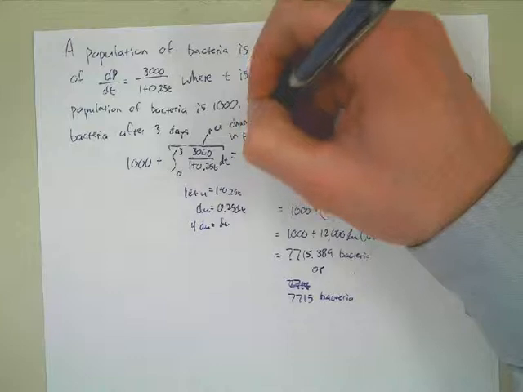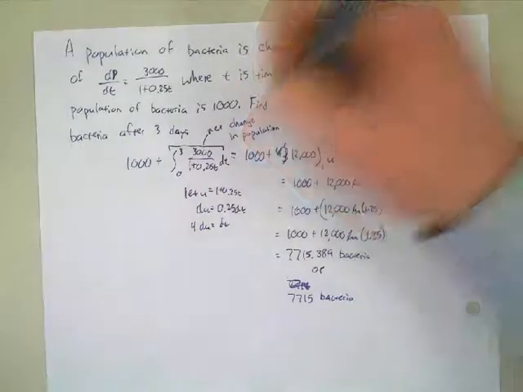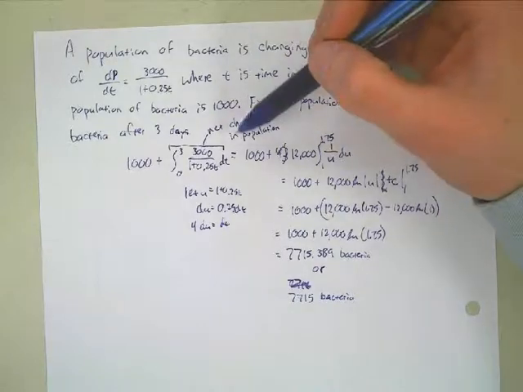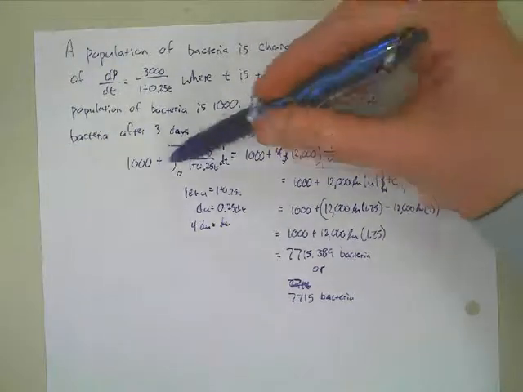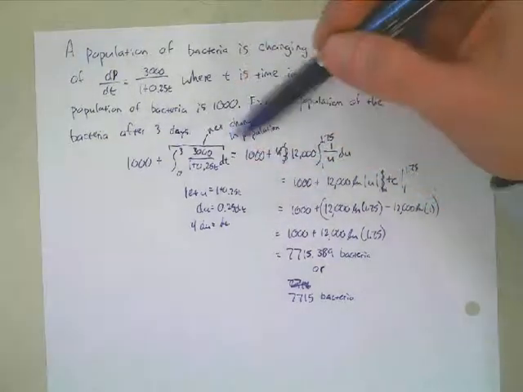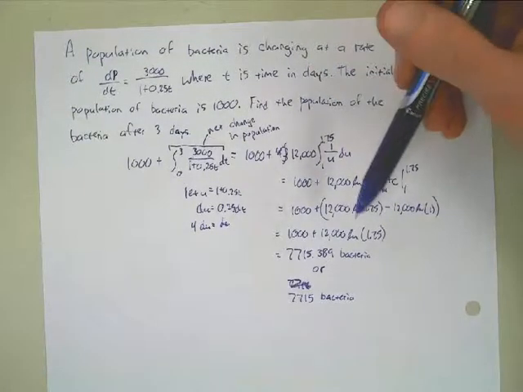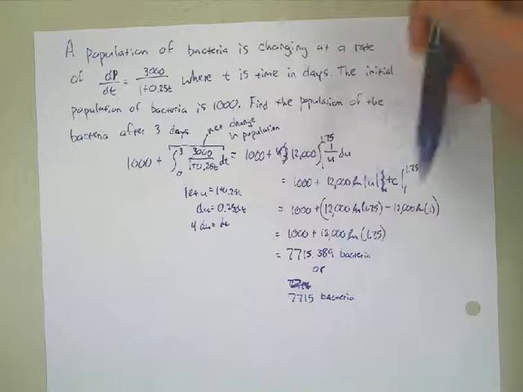But we weren't interested in the change in the population, we wanted the population. So we had to take that change and add to it the initial population of 1,000 to yield 7,715.389 bacteria. So that's the idea there.